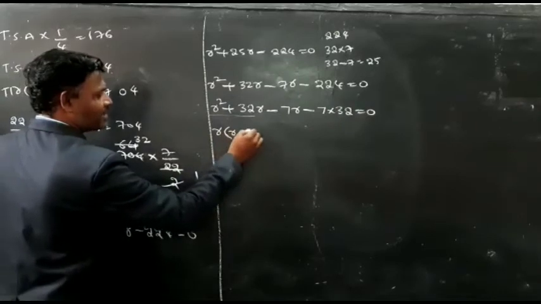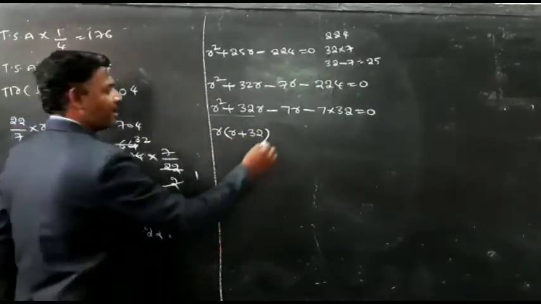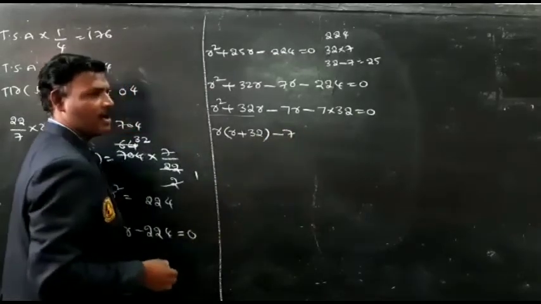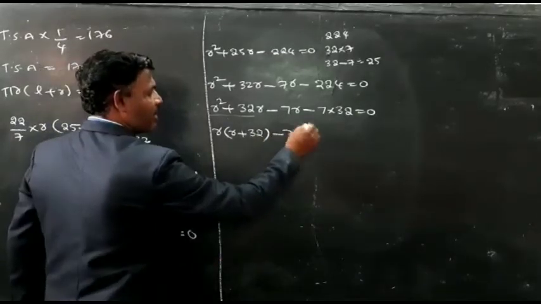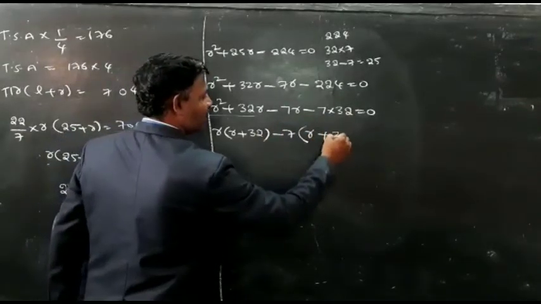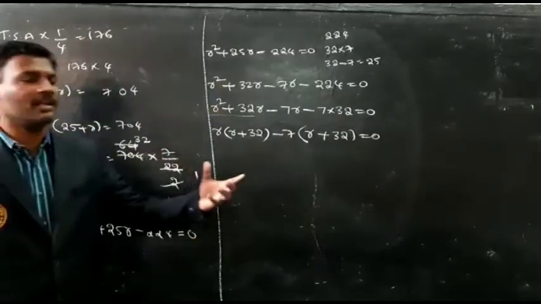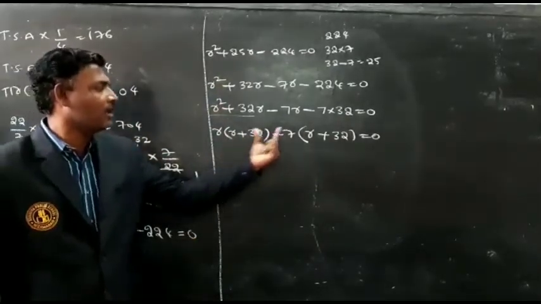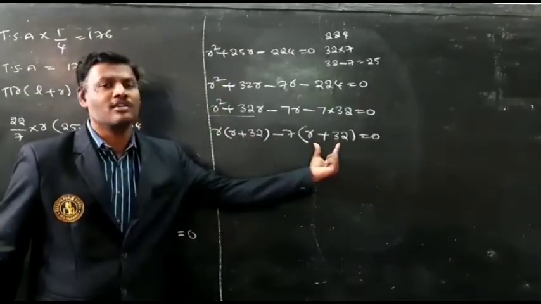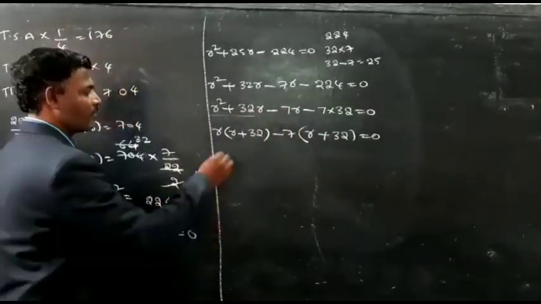After taking r as common, what remains? r plus 32. Here also 7 is common. After taking 7 common, here r remains, minus into minus is plus, and 32 remains, is equal to 0. So clearly observe, here r plus 32 is there, and here also r plus 32 is there. So once again I am going to take r plus 32 as common.